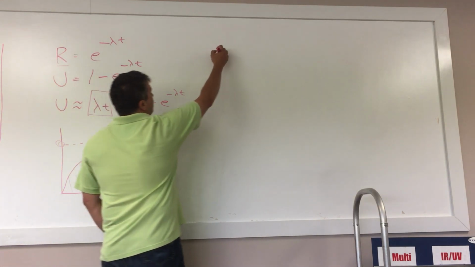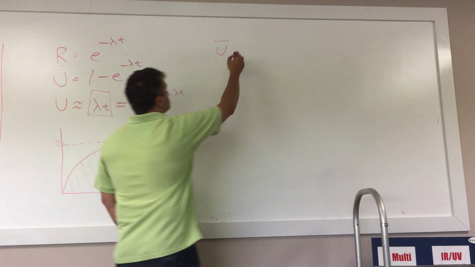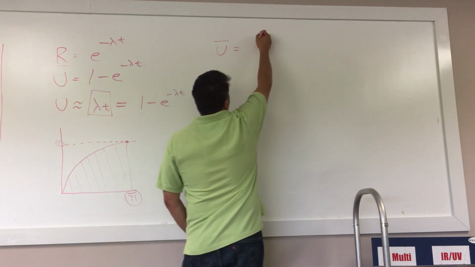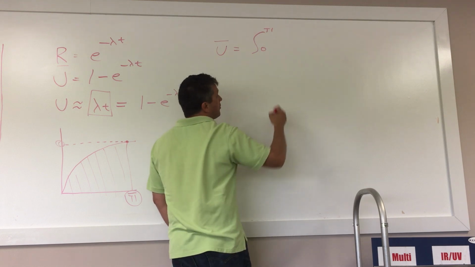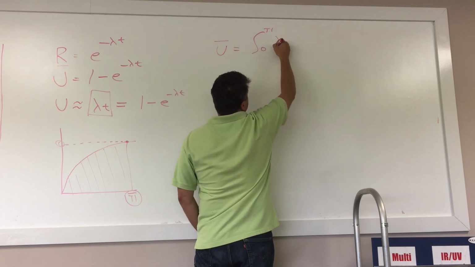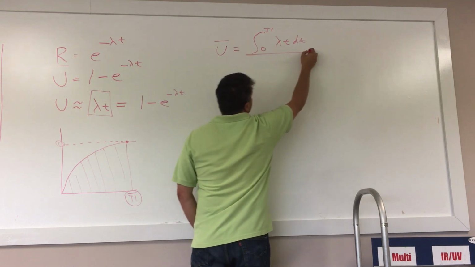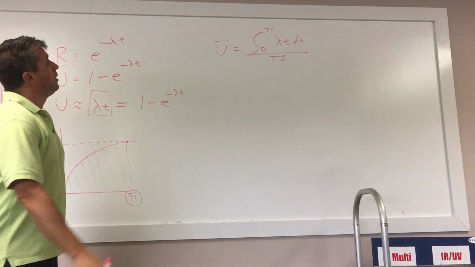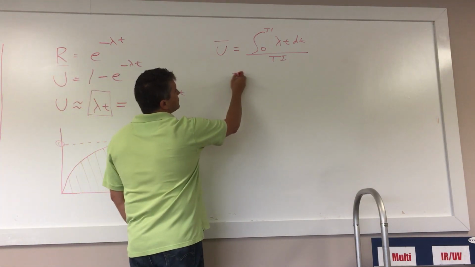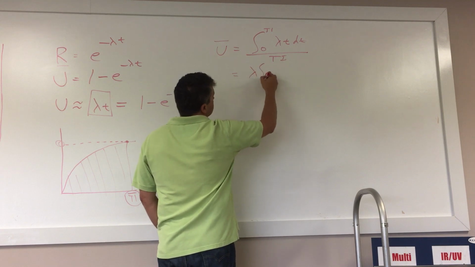So my average unreliability is going to be equal to the integral from 0 to the test interval of lambda t dt, all of that over the test interval. So now I'll start doing some math. Let me pull my constant out in front.